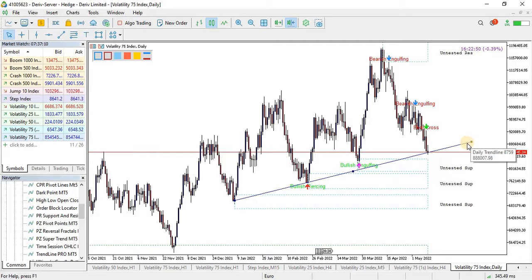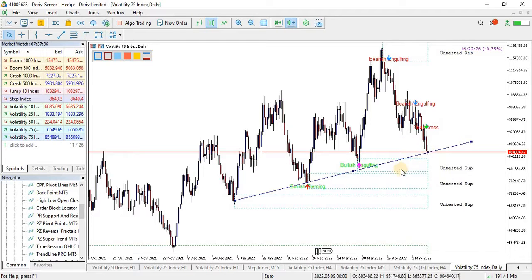So there is a huge possibility that we'll come and retest this support area right here. Once the support area is tested and the status changes to verified, then that indicates that we are going to be in a massive buy move.